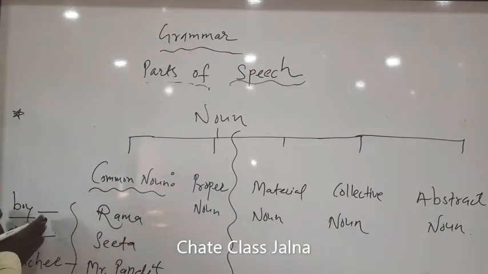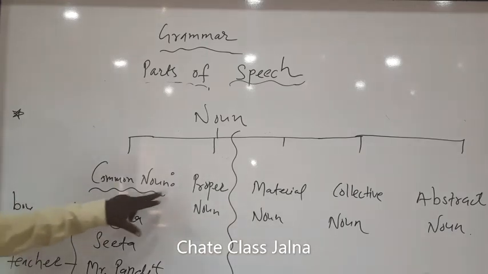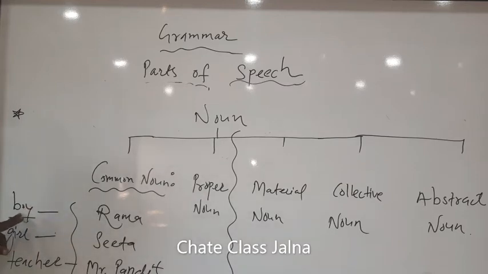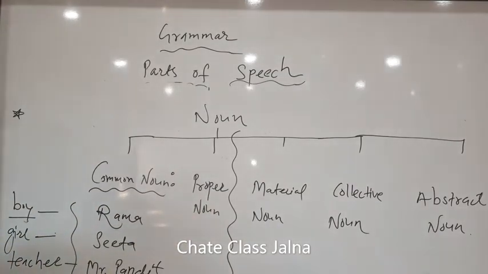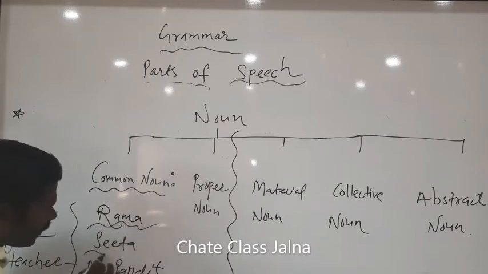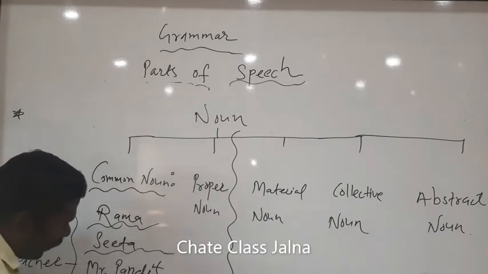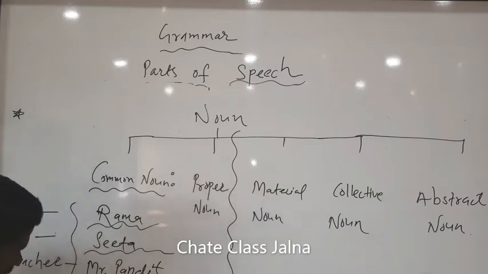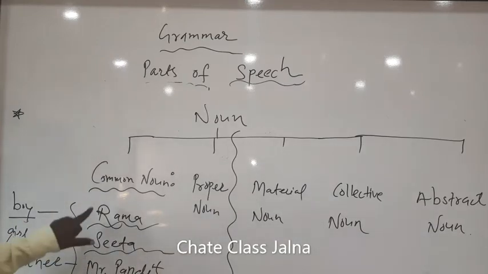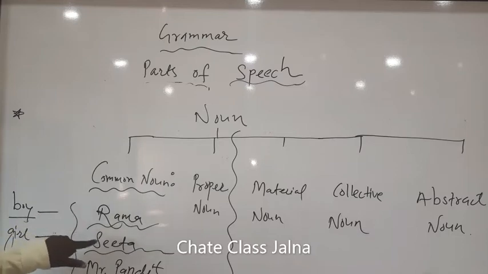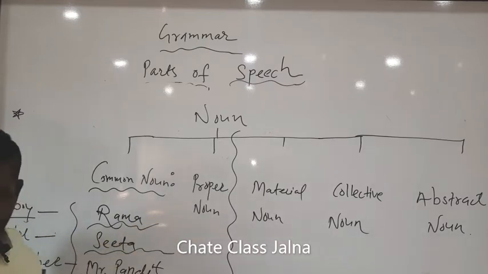Common nouns, it can be common in the sense general noun, general name given to the things, to the animals. But specific particular name of things, this is particular name, the name given, the specific name, and that's why the difference is between common noun and proper noun. This is a proper noun, which one we can say that given name, the name of particular special person, we can say that it is the proper noun.